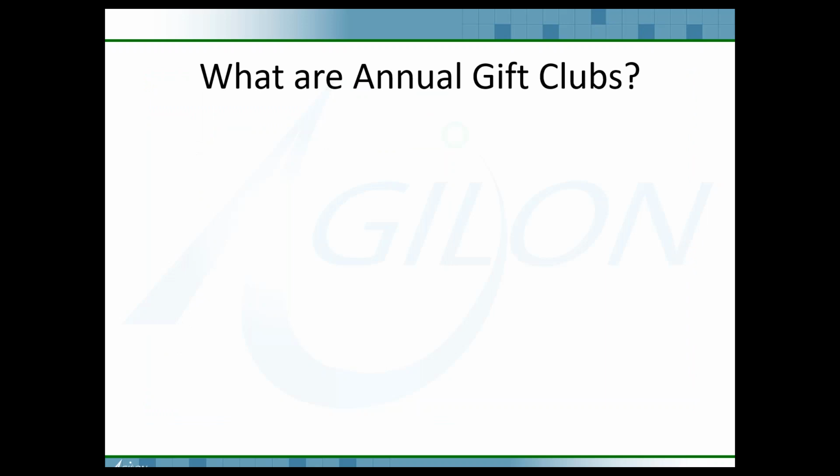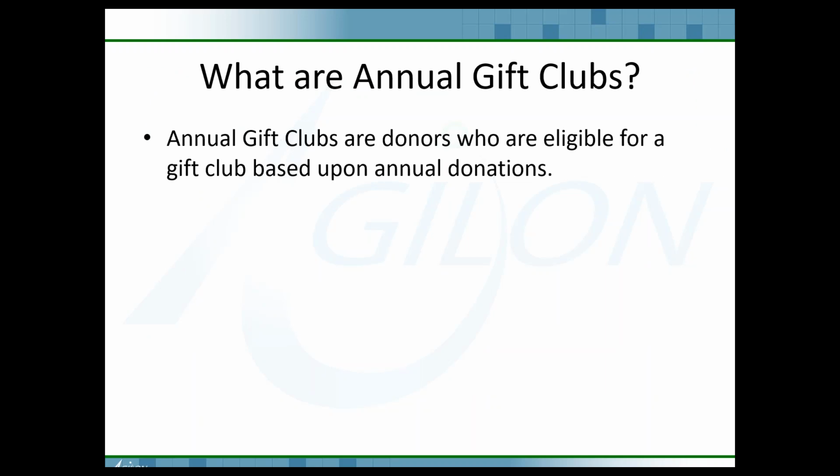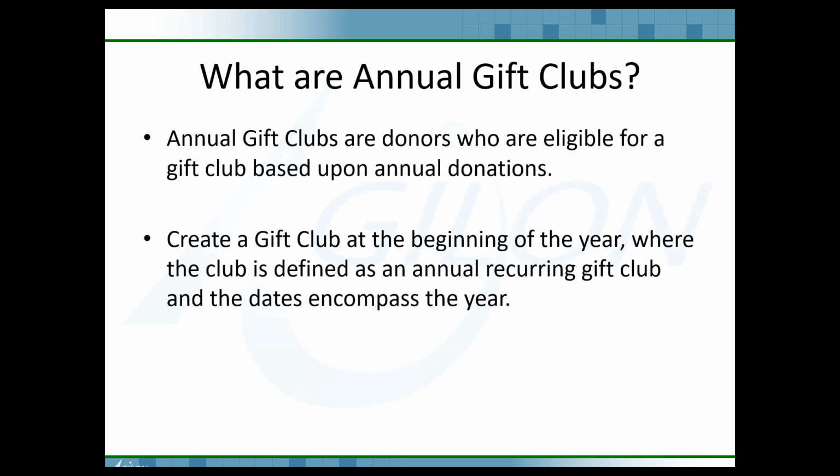So now we're going to move ahead to the annual gift clubs. Annual gift clubs are donors who are eligible for a gift club based upon their annual donations. Usually you create a gift club at the beginning of the year where the club is defined as an annual recurring gift club, and your dates encompass that year.